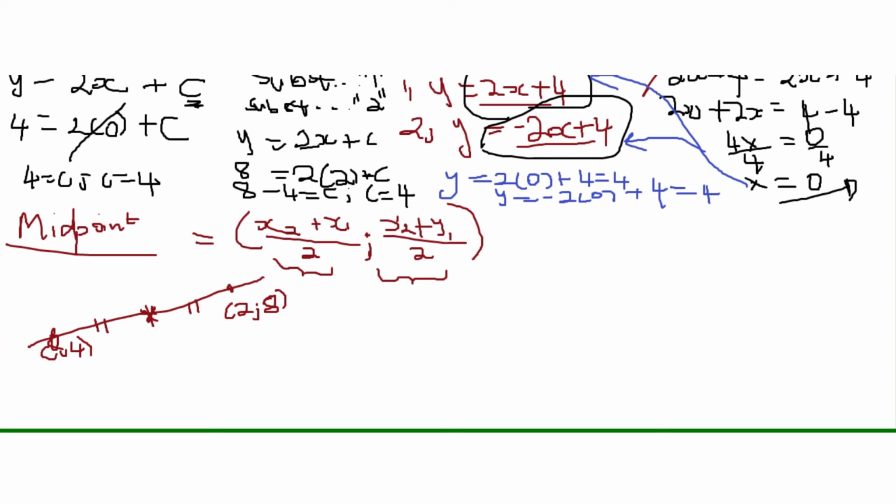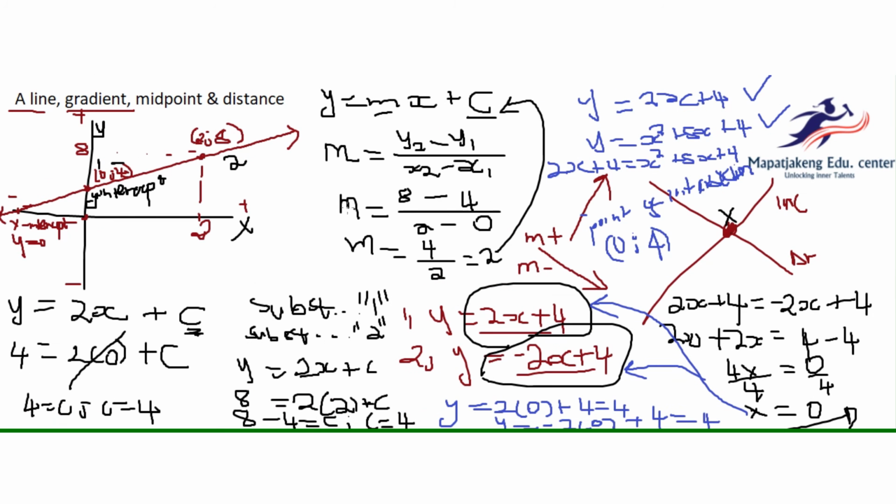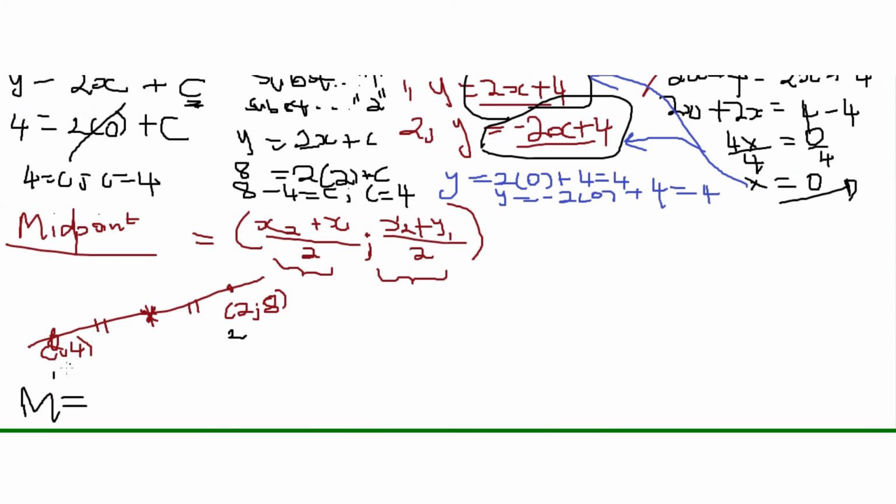So in this case, remember we chose this to be point 2 in the previous activity, this to be point 1. Then we get the midpoint denoted by capital letter M, the gradient is a small letter m, this is a capital letter M for midpoint.